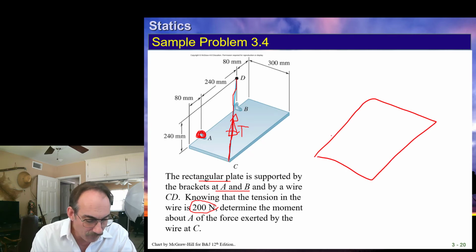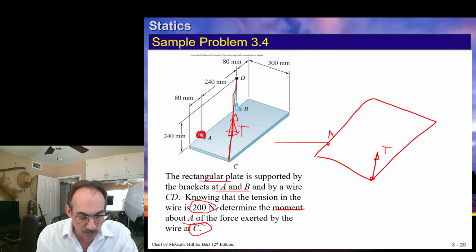That's our shelf. We're talking about a moment at A, and at this point we cut that wire off and replace it with its force, and we call it T. We know the magnitude of that tension. All we want to know is the moment of this force acting about point A.